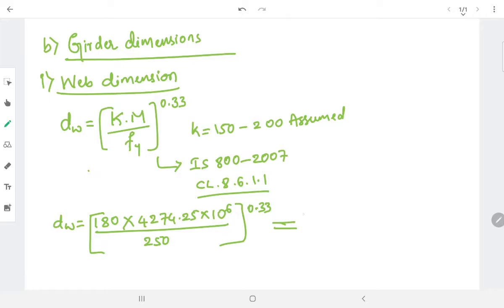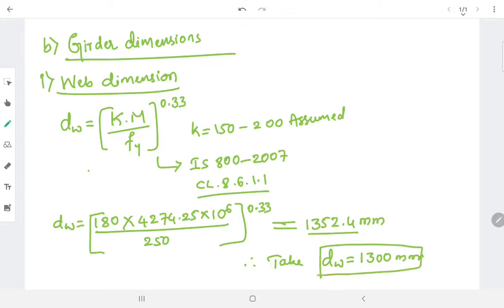Calculate this, you'll get around 1352.4. This is the depth of the web. Therefore take depth of the web, instead of 1352, rounded off to 1300. Always assume depth of the web lesser than what you have got.